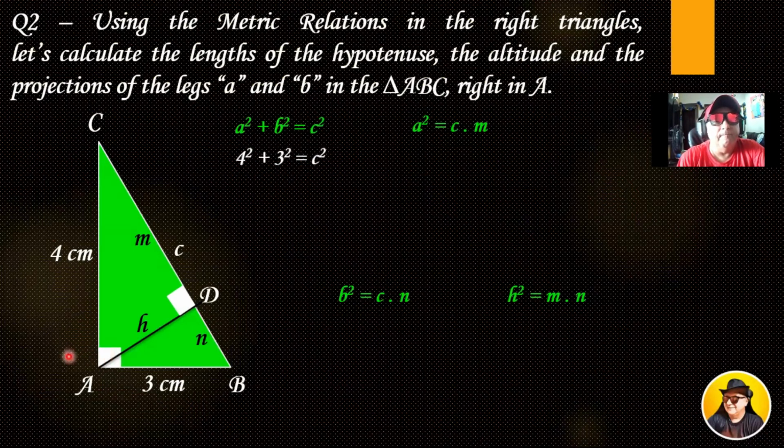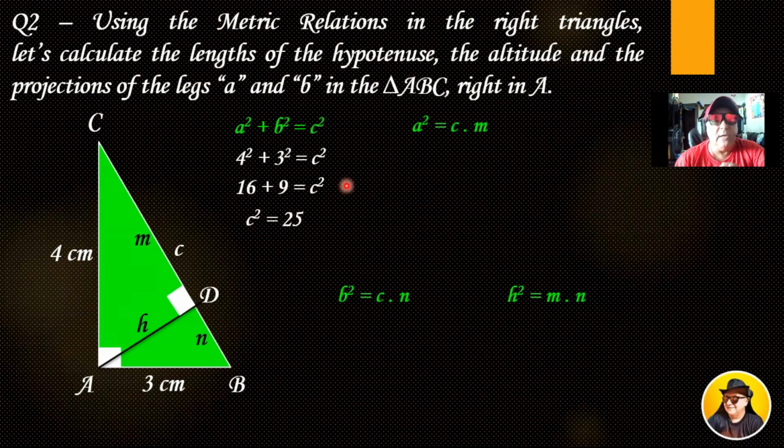Okay, don't forget, A is 4, so 4 squared plus B is 3 squared. Now 4 squared is 4 times 4, that is 16. 3 squared is 3 times 3, that is 9. So we have now 16 plus 9 is C squared. Well, 16 plus 9 is 25.